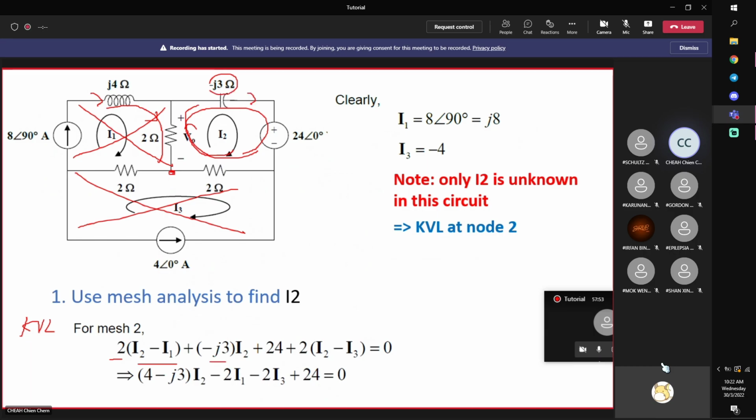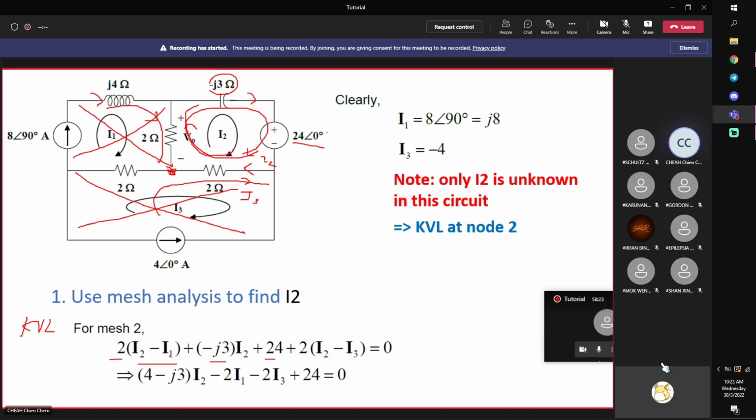There's only I2 here, and then here we have 24 volts. Finally we have this one, 2. Current flowing through here, be careful: I2, and I3 is the other way around, it's against this loop. So I2 minus I3. Then we come back to 0.